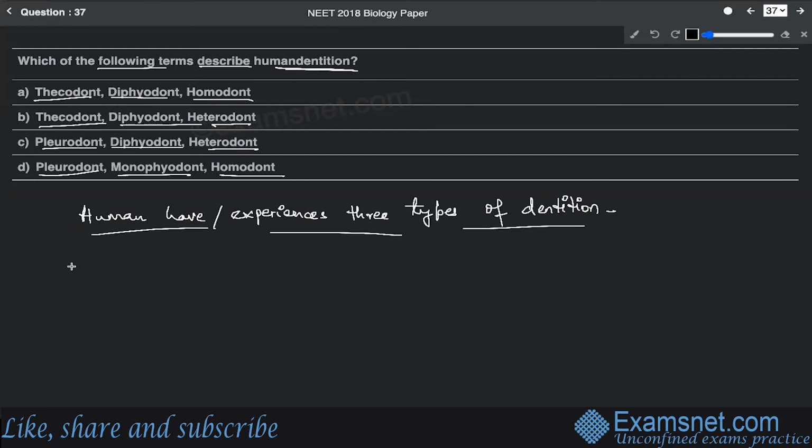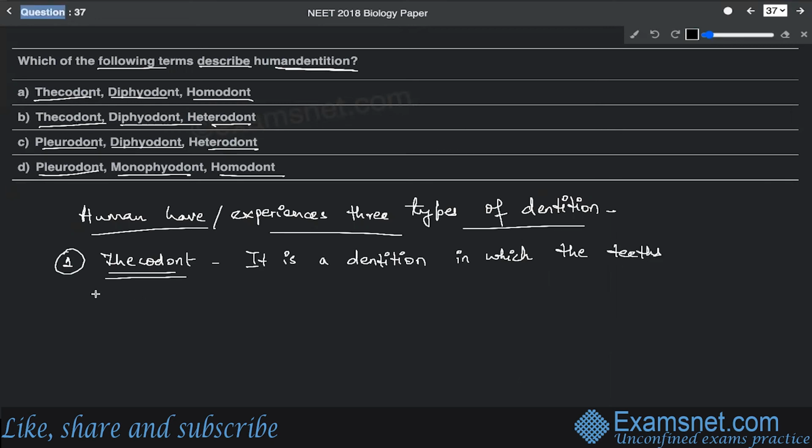The first one is considered to be thecodont. Thecodont is basically that type of dentition in which the teeth are embedded in the socket of the jawbone.